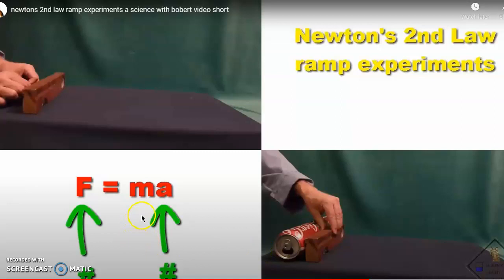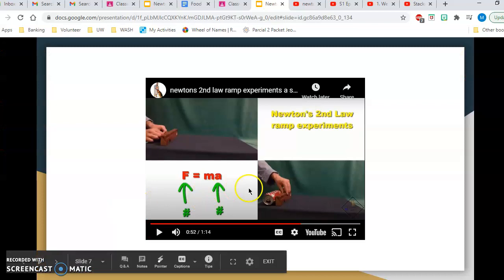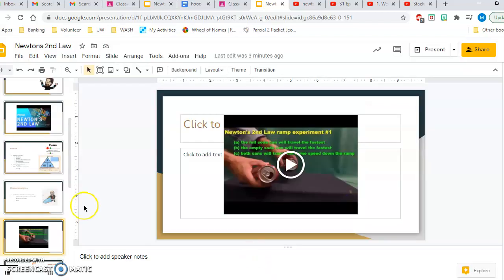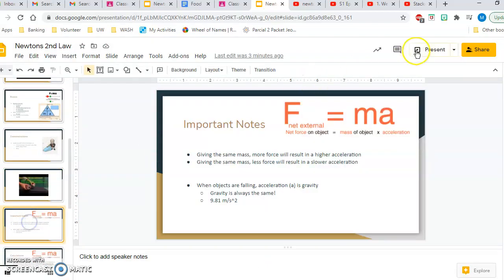What we're looking at here is our mass is changing, and so our acceleration is going to change. If we have more mass, we're going to have more acceleration. That's just a good demonstration to show how it works.